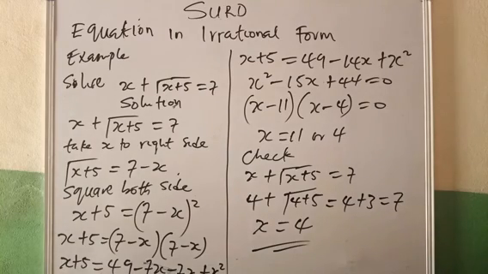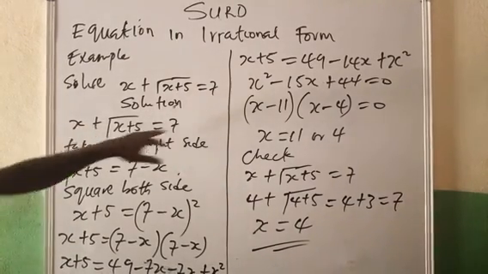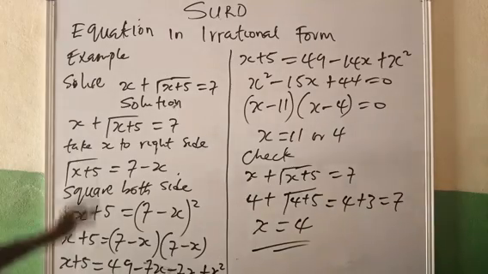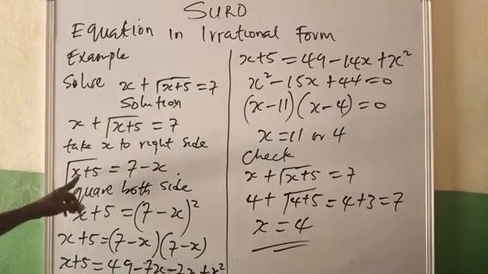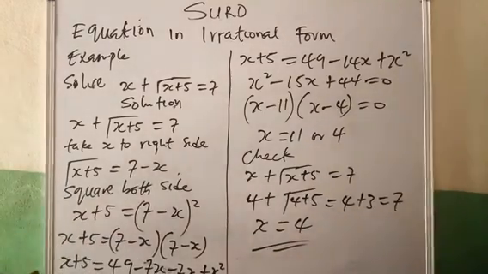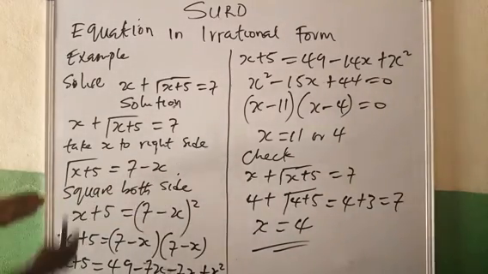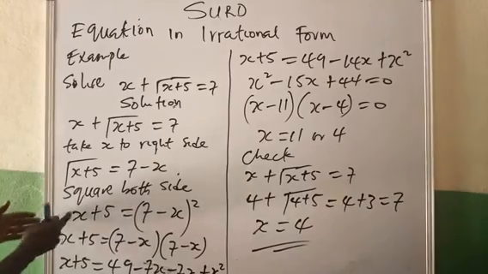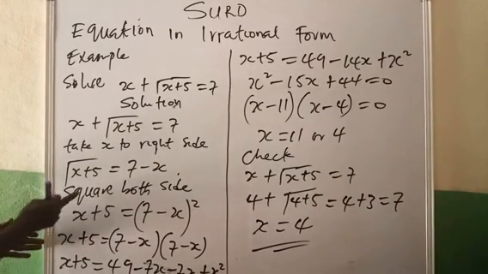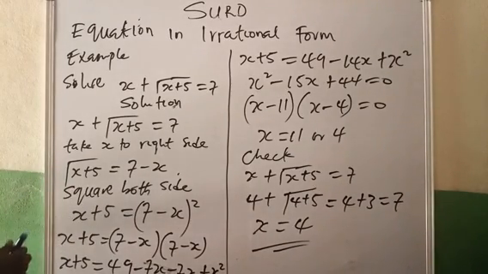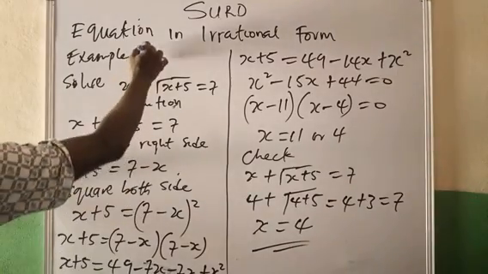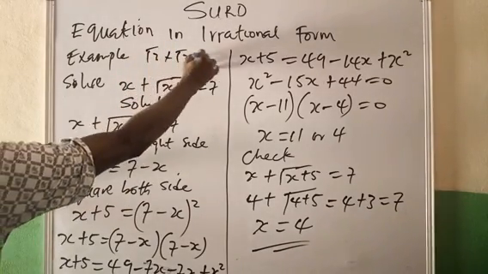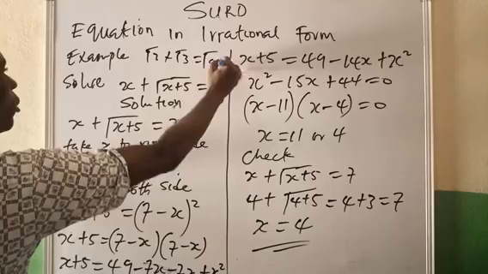Look at it again. First of all, we take s to the other side, and we have root s plus 5 is equal to 7 minus s. Square both sides. If you square a surd, you know that it's going to be left with what is inside. Root 3 times root 3 is root 9, which is equal to 3.